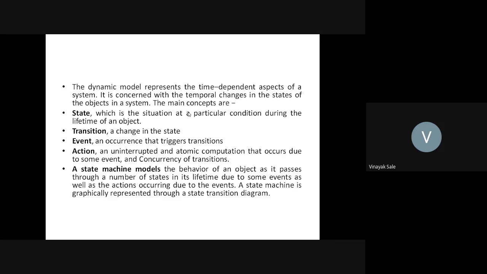A state machine models the behavior of an object as it passes through a number of states in its lifetime due to some events as well as the actions occurring during the events. A state machine is graphically represented through a state transition diagram.